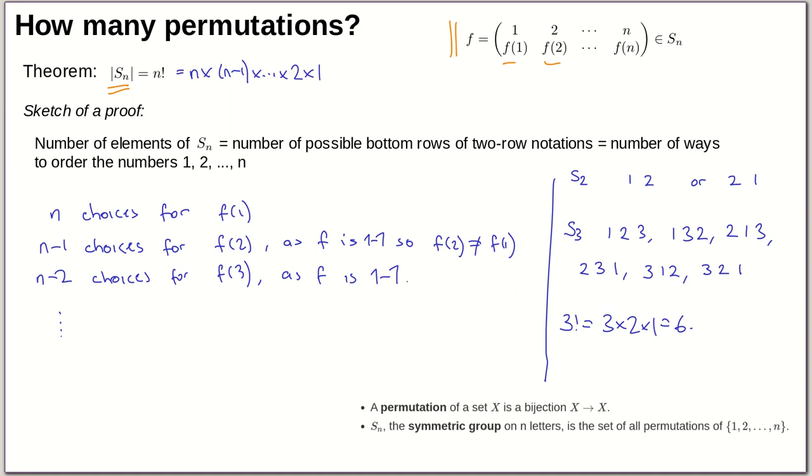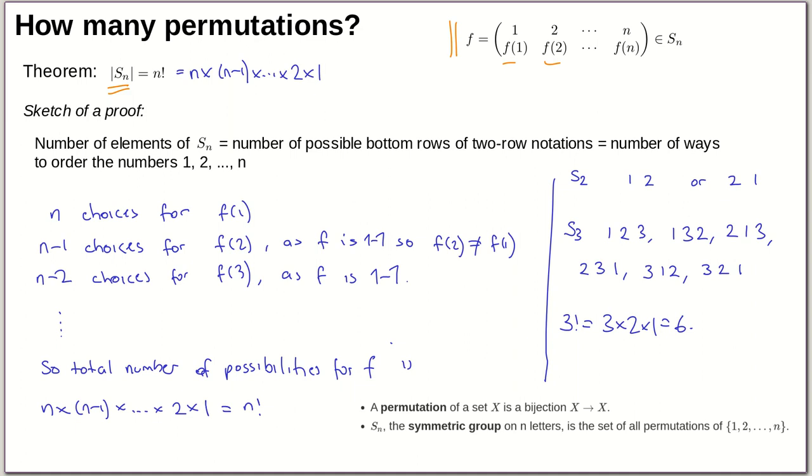At the end, we find we've had n choices for f of 1, n minus 1 choices for f of 2, n minus 2 choices for f of 3, and so on down to 2 choices for f of n minus 1 and 1 choice for f of n, which means the total number of possibilities for f is n times n minus 1 times n minus 2 down to times 2 times 1, which is n factorial.